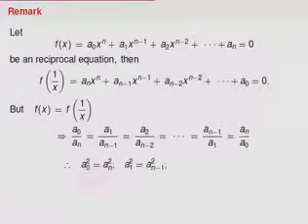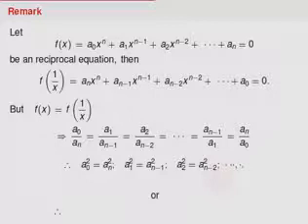Similarly, a1 divided by a n minus 1 equals a n minus 1 divided by a1, so a1 square is equal to a n minus 1 whole square. Similarly, a2 square is equal to a n minus 2 whole square.